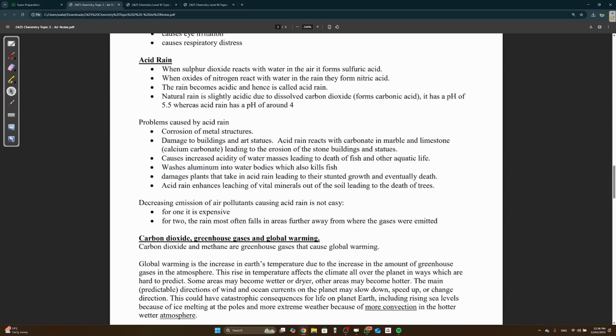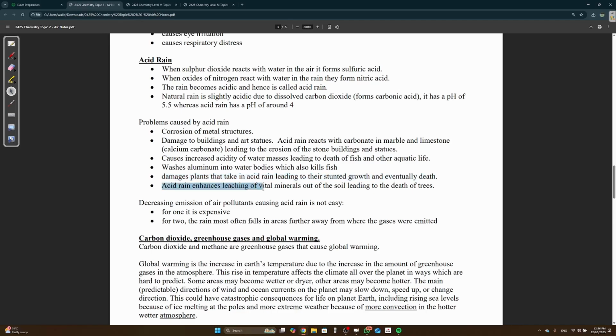But this one, washing aluminium into water bodies, obviously it's also going to kill fish. Why? Because when it rains and goes into the soil, the rain is going to wash off the soil and move into bodies of water, carrying along with it aluminium and other metals, which will also pollute the water and kill the fish. It damages plants, obviously. I'm not going to explain that.